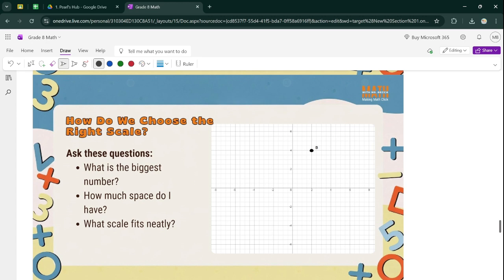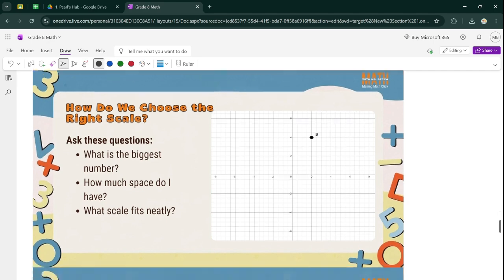Then, once you know the largest value, ask yourself again, will it fit if I count by 1? If it will not fit when you count by 1, then you can increase it to 2. If it still won't fit when you count by 2, you can use 5, 10, 100, or whatever. You can use 20, you can use 50, depending on the biggest number in your data. That's what will determine the right scale for you to choose.